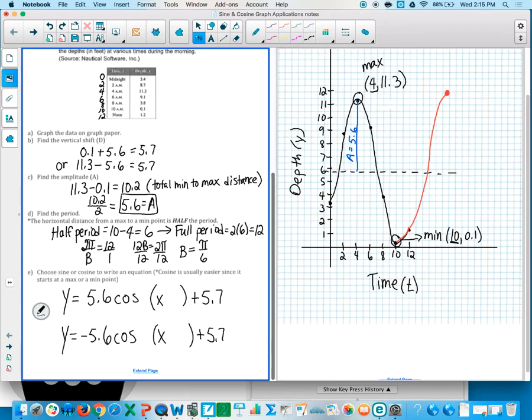So we have a b value of pi over 6. Fill that into the equations. And then we just have two different phase shifts. The positive graph has a phase shift of 4, so I would do x minus 4. And the negative graph, starting underneath, has a phase shift of 10, so I would do minus 10.